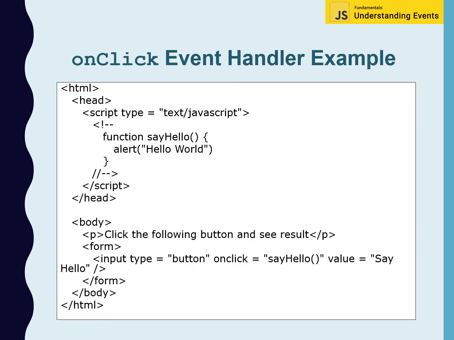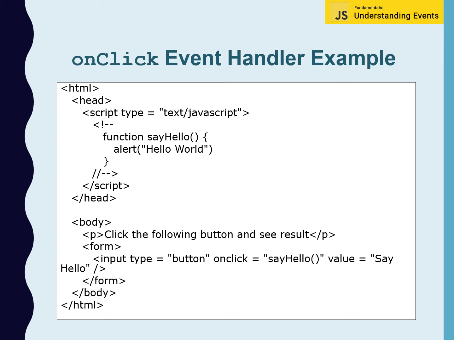Now we can see the on-click event handler example. On-click means whenever we click on a particular component, it will produce some change in the corresponding HTML document. So here is an example. An HTML tag is opened, then comes the head tag.